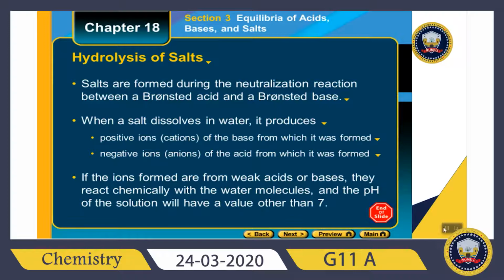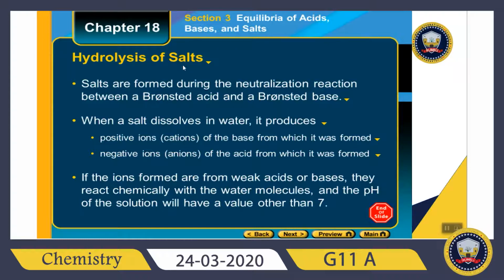But before we explain these basics, we have to understand the meaning of hydrolysis. We can divide this word into two parts: hydro and lysis. Hydro means water. Lysis means breakdown of salts.